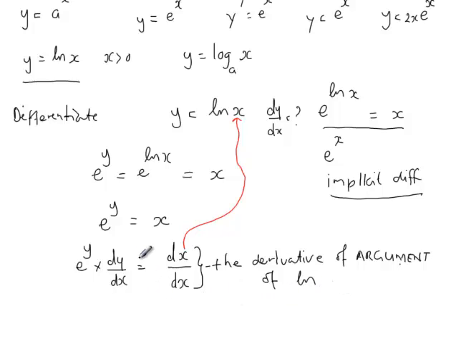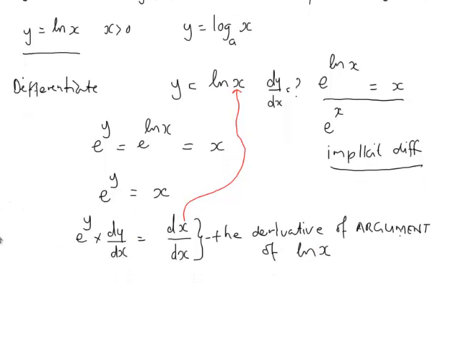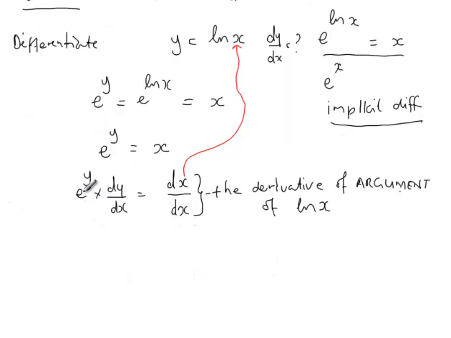But now, here we have the y. What is y? Y is that ln we're talking about. So now, once we make this the subject of the formula, we've got the derivative of ln of x, which we're talking about. Is that clear to everyone? So let's make it the subject of the formula. We divide both sides by e to the power y. If you divide both sides by e to the power y, we're going to get 1 here, which will end up giving us dy/dx.